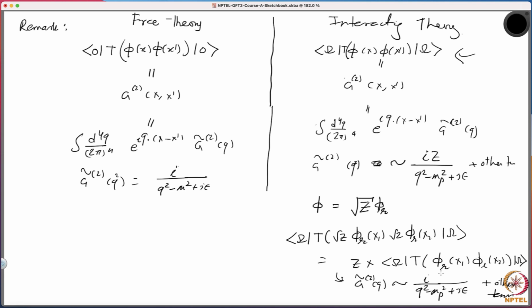That Z disappears because I have changed the normalization of the field, and that is why Z is called field strength renormalization, and sometimes you also add constant, or renormalization constant, or field strength renormalization constant. Okay, we'll stop here and see you in the next video.